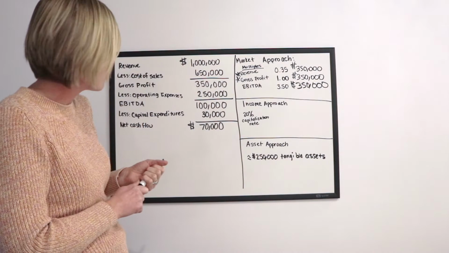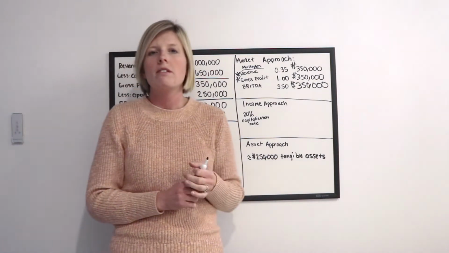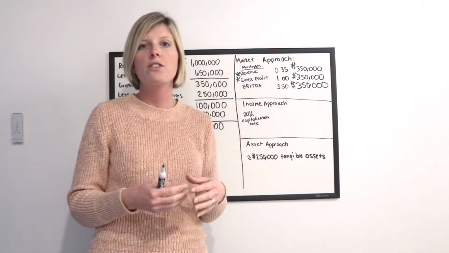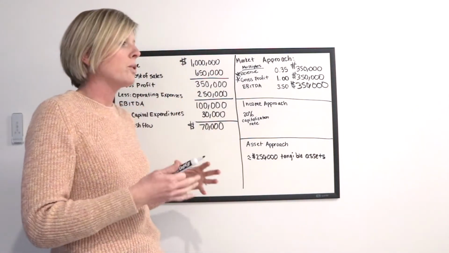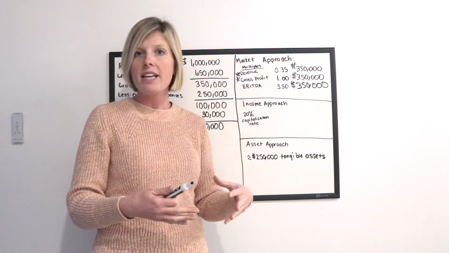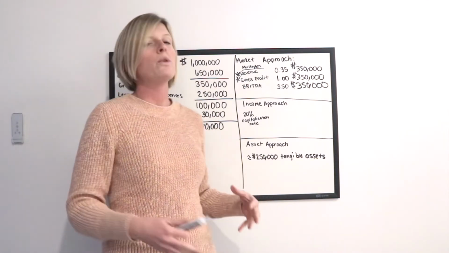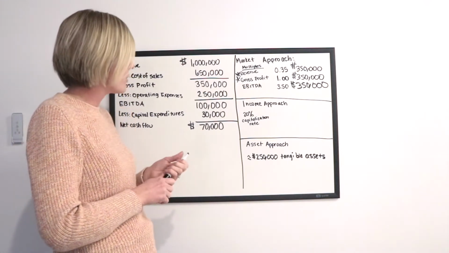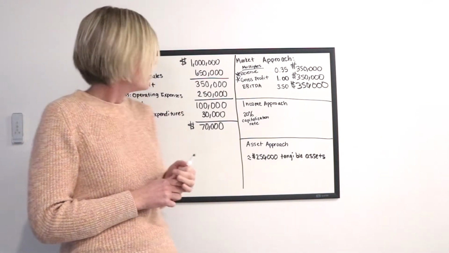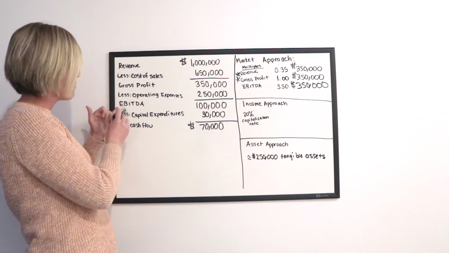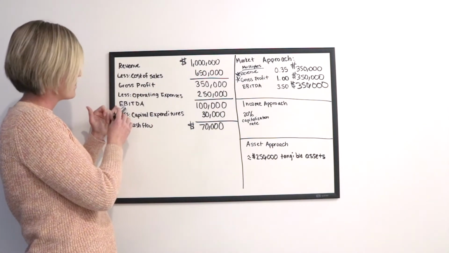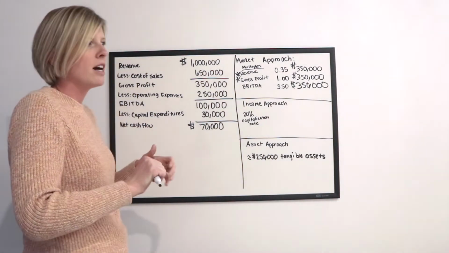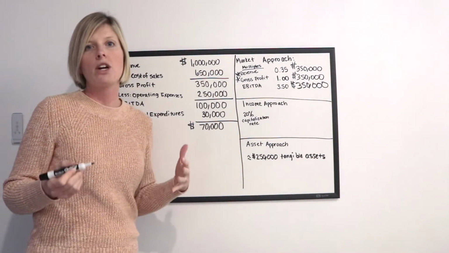For the income approach, I like to use cash flow, and I like to really focus in on the cash flow, see what is the actual cash being produced by this company, what's the actual impact to a prospective buyer of this company, okay? So if we go from our EBITDA number right here, we're going to take out what we expect to have to spend to keep this thing going.